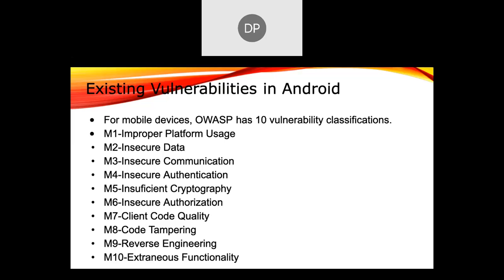Fourth one is insecure authentication. Fifth one is insufficient cryptography. Sixth one is insecure authorization. Seventh one is client code quality. Eighth one is code tampering. Ninth one is reverse engineering. Tenth one is extraneous functionality.